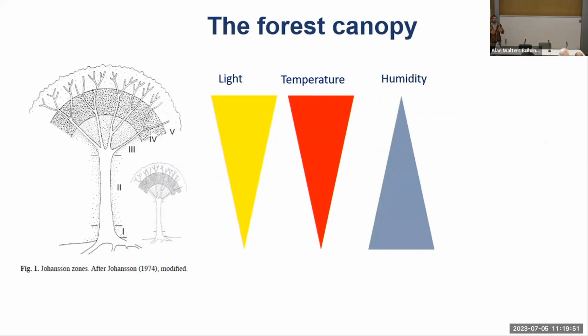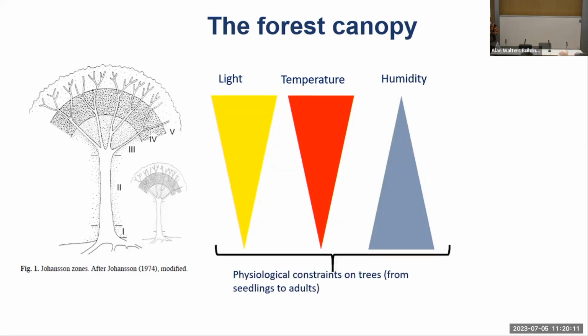So even within the trees, different branches or different leaves experience different values of environmental variables, like, for example, light, temperature, humidity, all the way to wind speeds, all things that we already saw in this meeting.